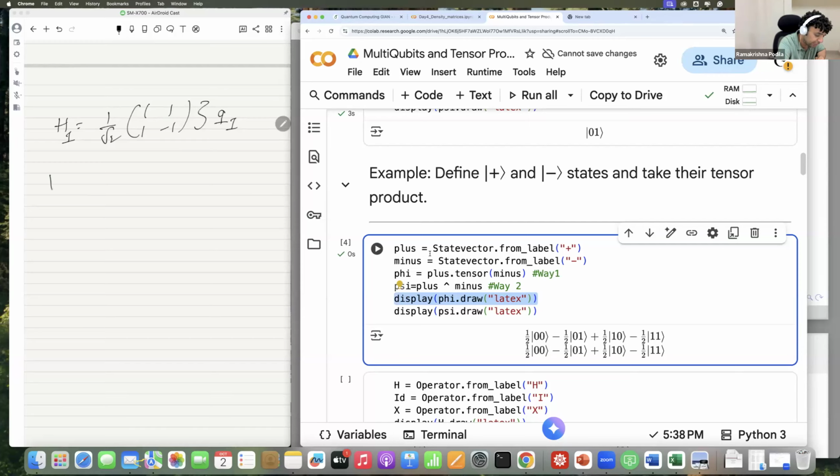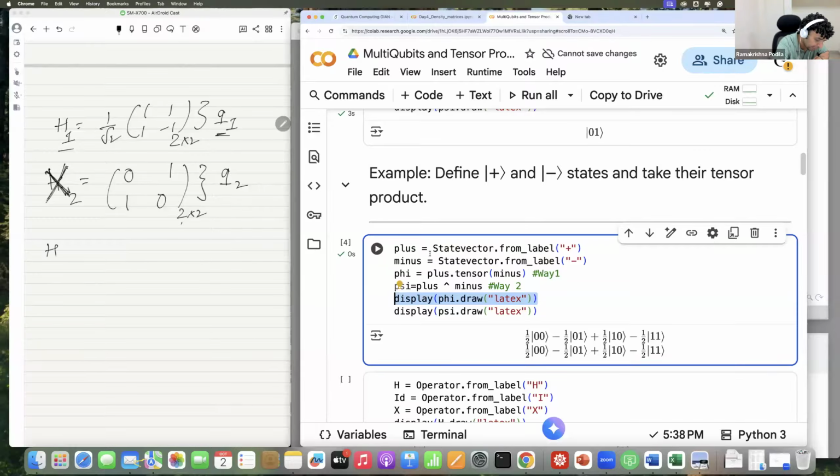Let me take another one. Let me take a Pauli NOT gate for something else, 0, 1, 1, 0, for qubit 2. So this belongs to qubit 2. This is a qubit, meaning it has 2 states, so this is a 2 by 2 matrix. This is also a qubit, so this is also a 2 by 2 matrix.